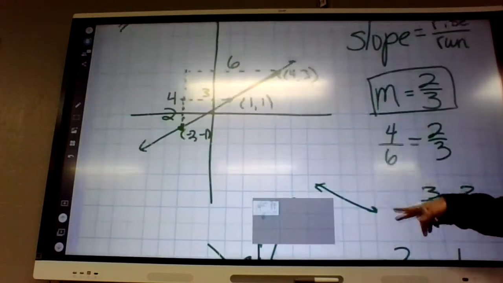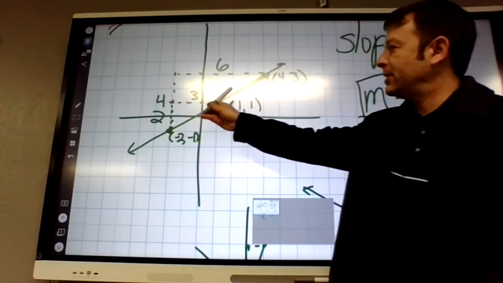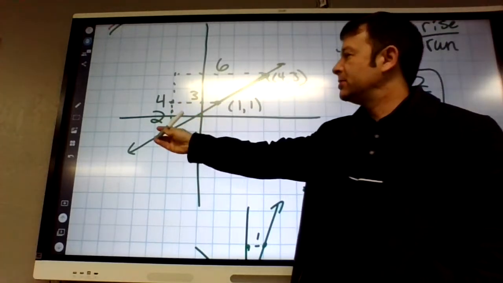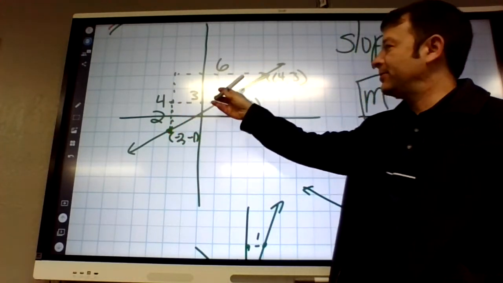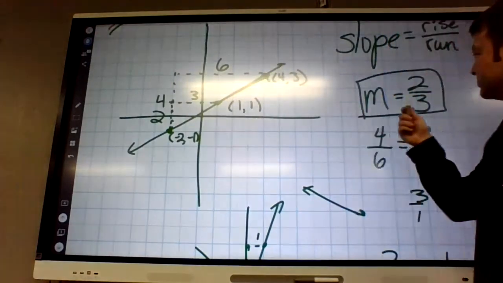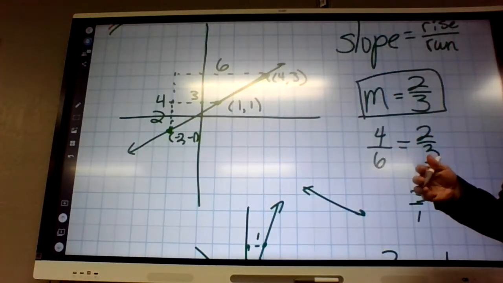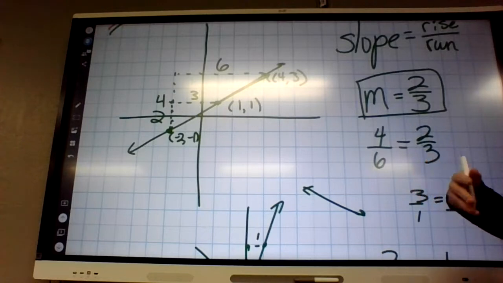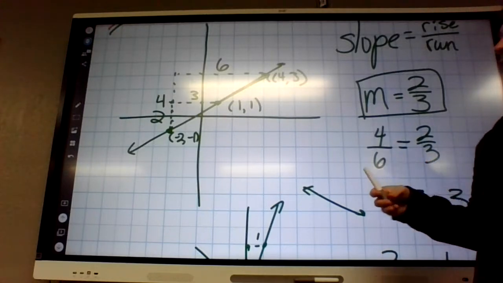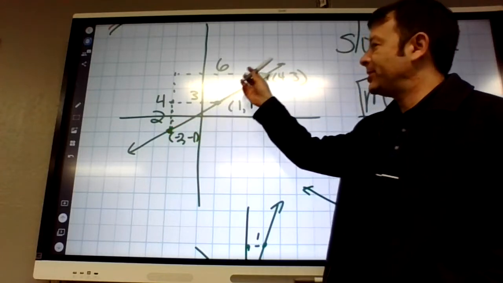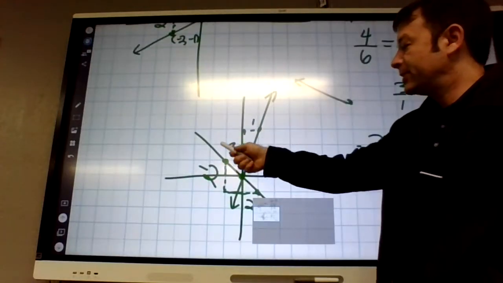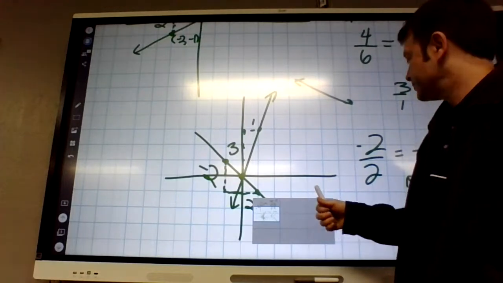In my first 2 examples, the line was climbing in that direction. It climbs to the right and falls to the right. If it's climbing to the right, it's a positive slope, and if it falls to the right, it's a negative slope. If you think about it from left to right, that'll help you. So this is a climbing line, so it was a positive slope. This was a falling line, so it was a negative slope.